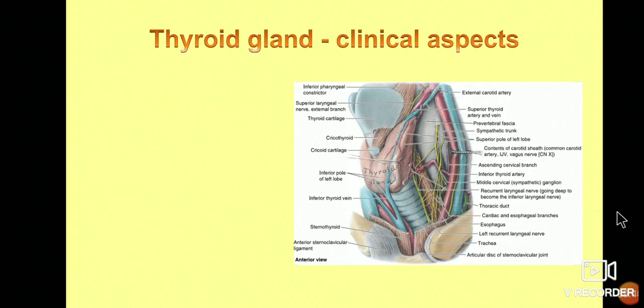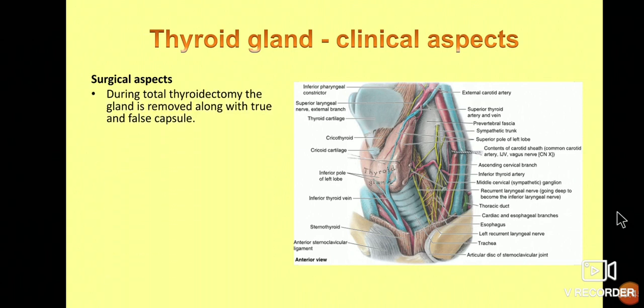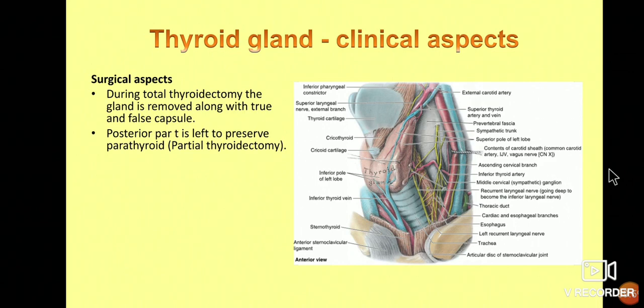So coming to the surgical aspects during thyroidectomy, total or partial: while you ligate the superior thyroid artery, you should ligate nearer to the gland, because if you ligate away from the gland, it is intimately related to the external laryngeal nerve.